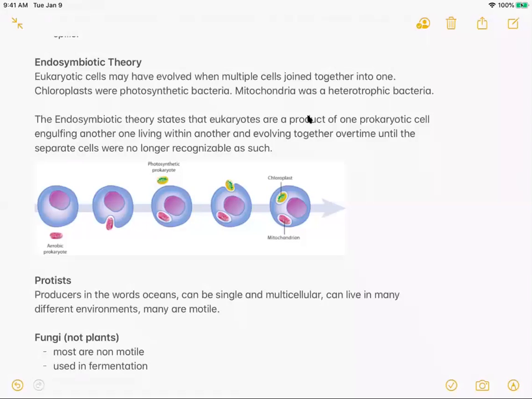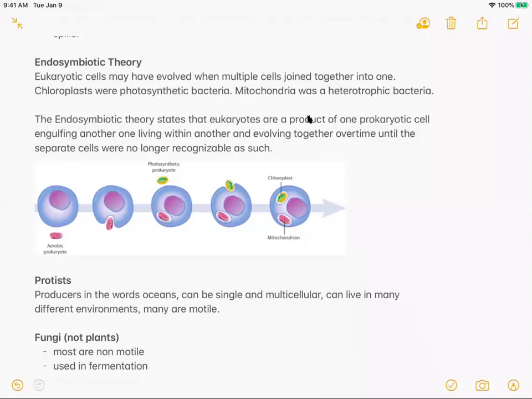Heterotrophic basically means that the mitochondria had to get its food from somewhere, whereas something that's photosynthetic creates its own food, much like plants, which we will go on to in a little bit.